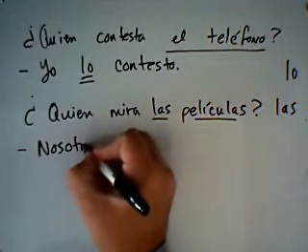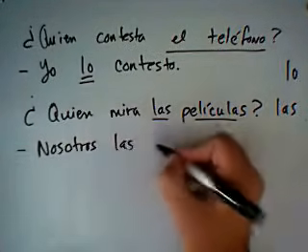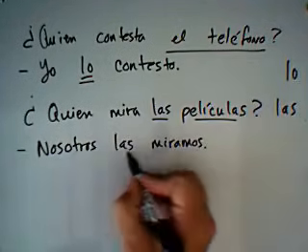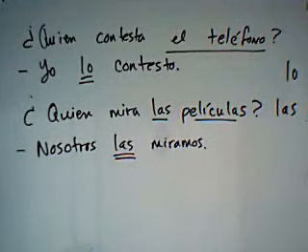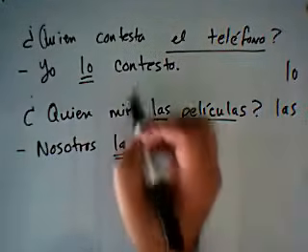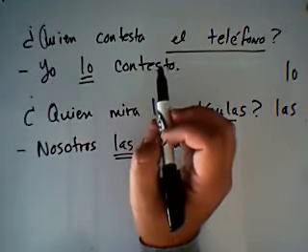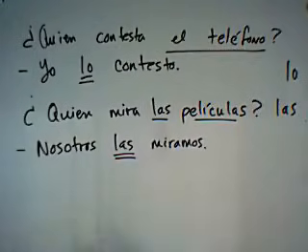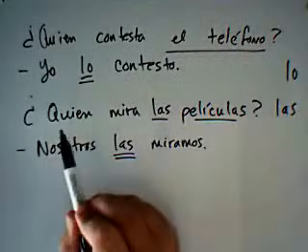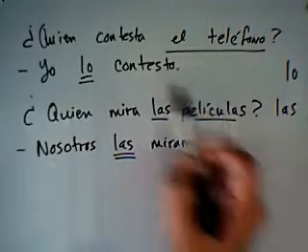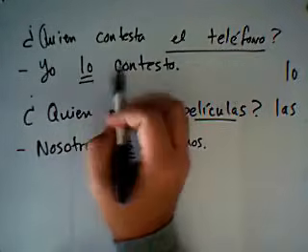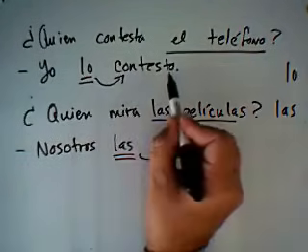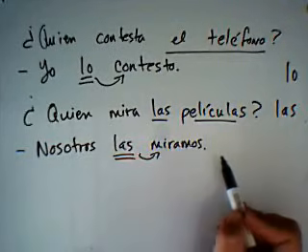Nosotros las miramos. Nosotros las miramos. Okay. Another thing to notice now is that in comparison to the question and the statement forms where we have the entire direct object spelled out, el teléfono, las películas, our direct object pronouns are coming before the conjugated verb. Yo lo contesto, nosotros las miramos.